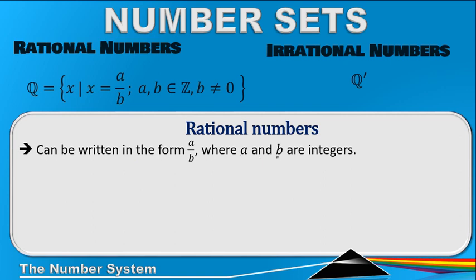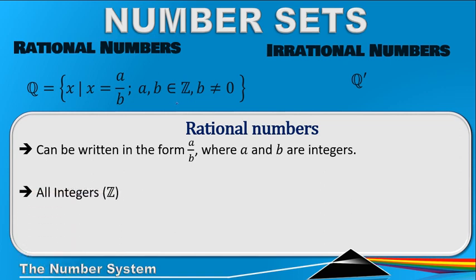So if we have a rational number set, where x represents our numbers, then x is a fraction a over b, and a and b are elements of the integers. And then this final condition says that b cannot be 0, because b is the denominator, and we can never have anything over 0.